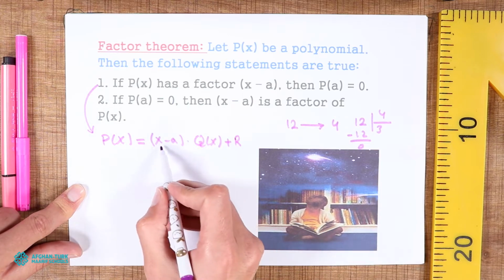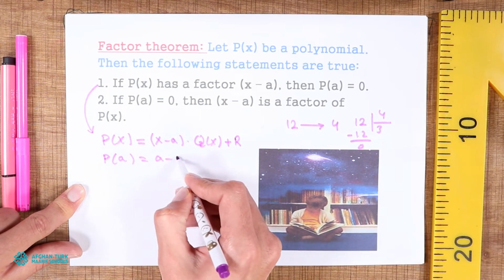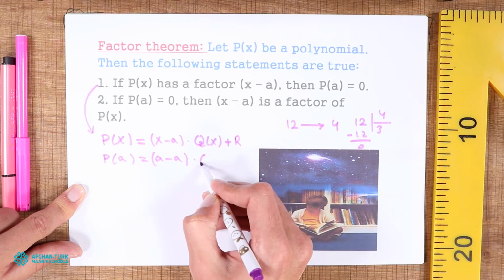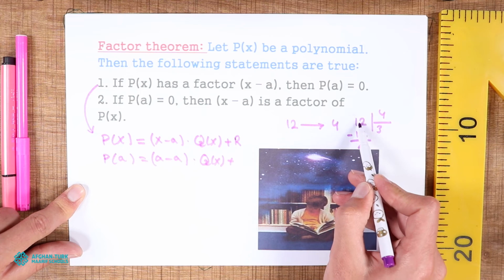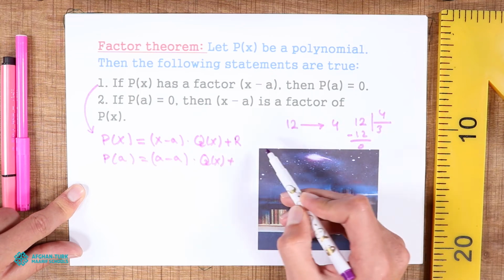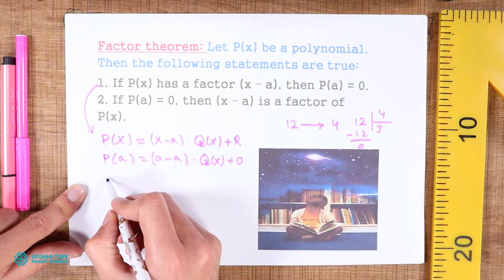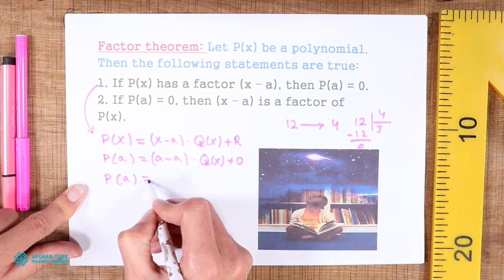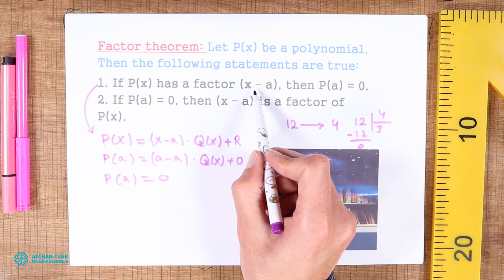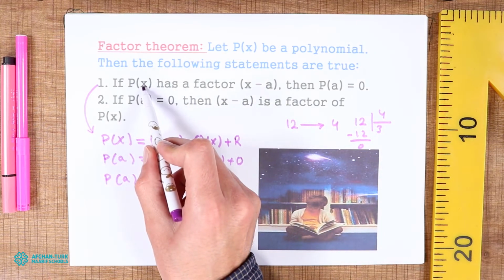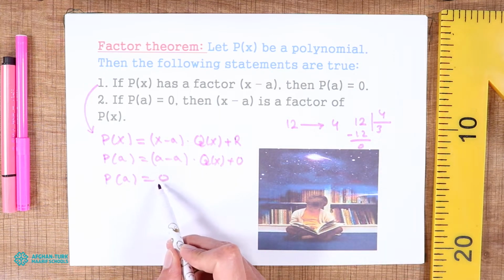So in here, if we substitute a here, it will be a minus a times q of x, and we said that whenever you divide a number by its factor, the remainder comes 0. So in here the remainder is 0. As a result, we will have p of a equal to 0. It means that if x minus a is a factor of p of x, the remainder of p of x comes 0.